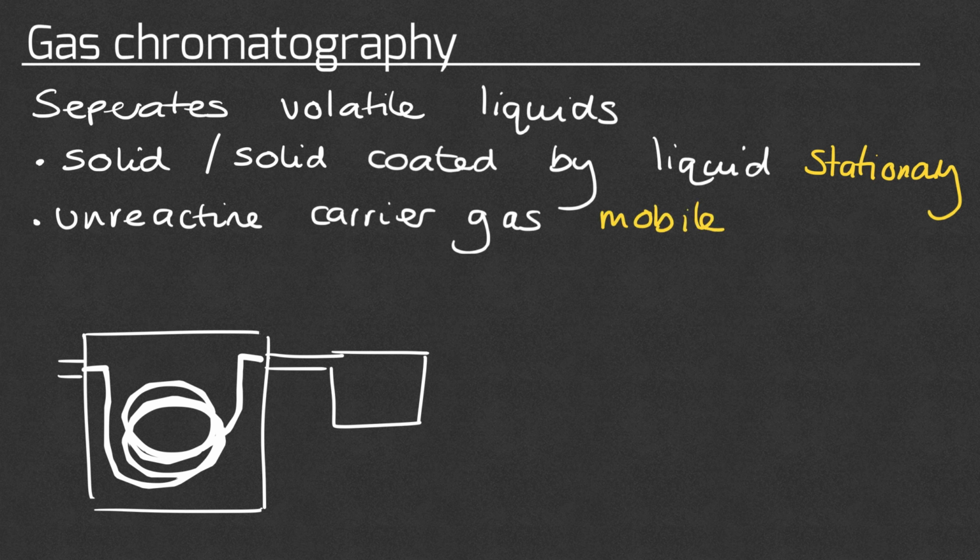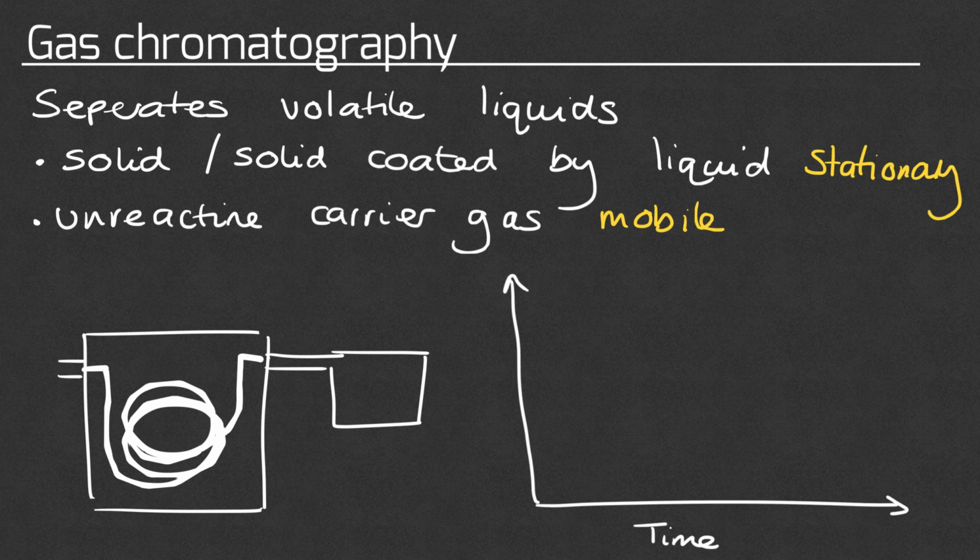That's the mobile phase. As the different components pass through the stationary phase, they are recorded by a detector. That will produce a gas chromatogram, which records the amount of the substance and the time it reached the detector.